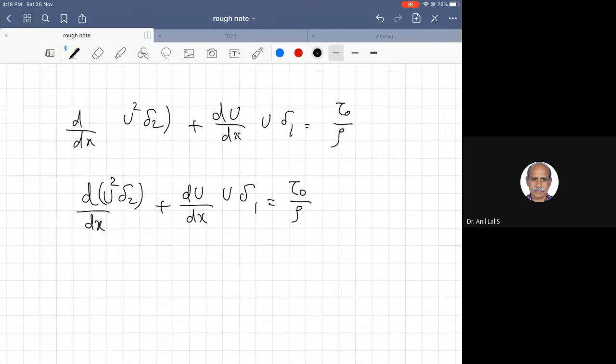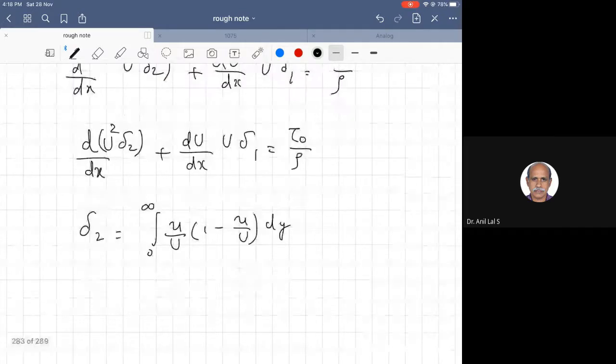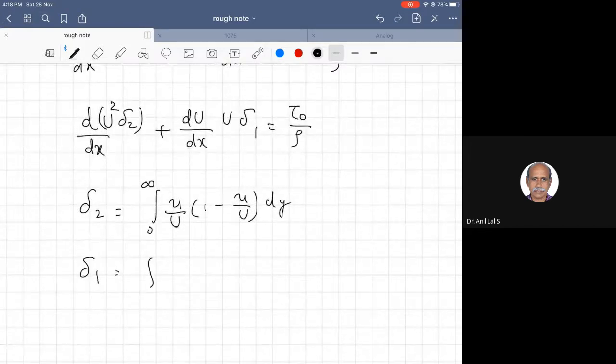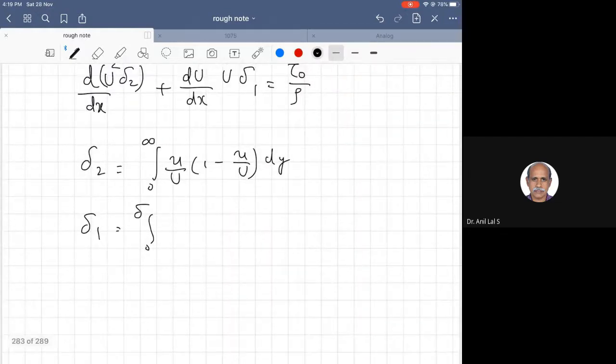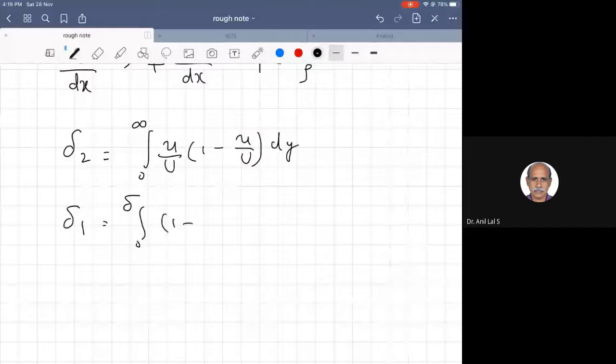This is called the momentum integral equation. And what is delta 2? Delta 2 is the momentum thickness, that is the integral from 0 to delta, or it may be infinity, of u by capital U into 1 minus u by capital U, dy, and delta 1 is the integral from 0 to delta of 1 minus u by capital U, dy.